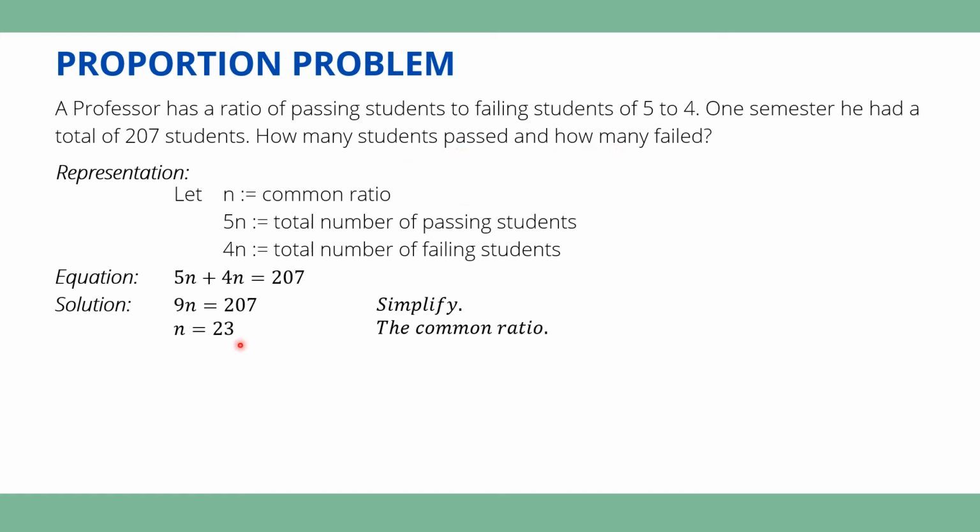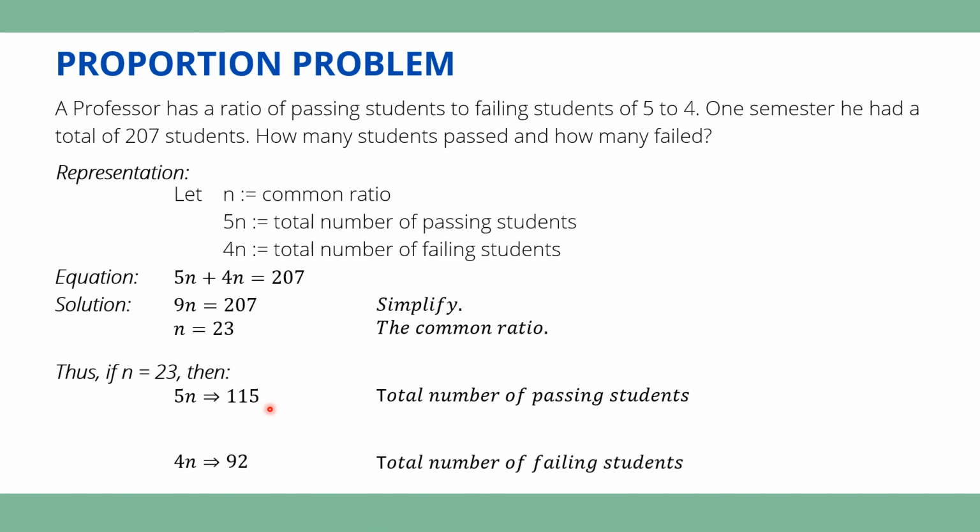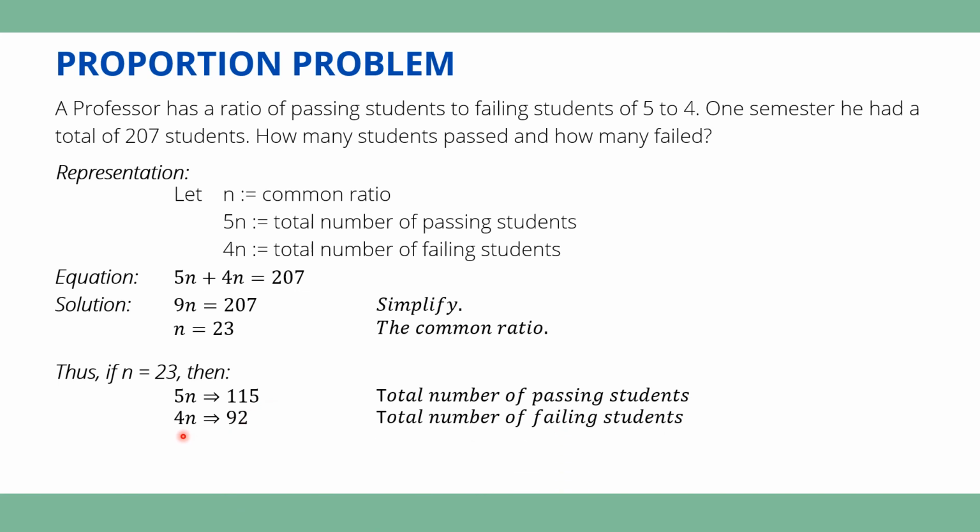So we are going to substitute the value of n into our representations, which are 5n and 4n. Therefore, if n is equal to 23, then 5n implies 115 for the total number of passing students, and 4n implies 92 for the total number of failing students.